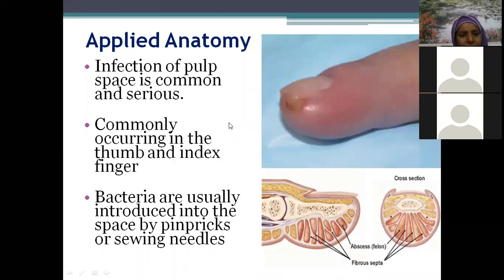It commonly occurs in the thumb and index finger. Especially when you are doing physiology experiments where you prick to collect your own blood, there may be a risk of bacterial infection where the pulp space of the finger may be infected. So bacteria is usually introduced into the space by pinpricks or sewing needles.